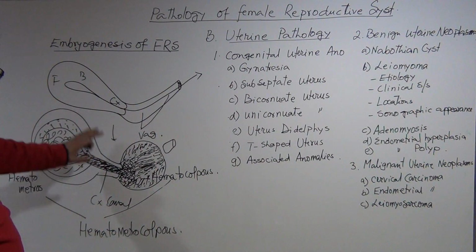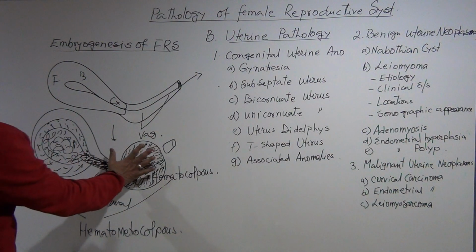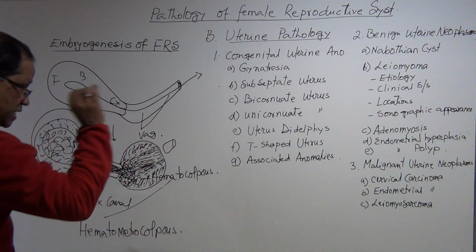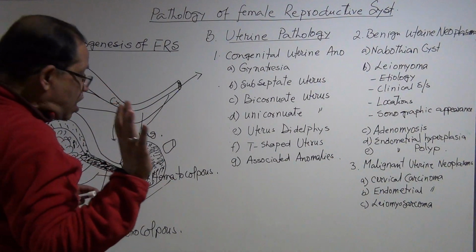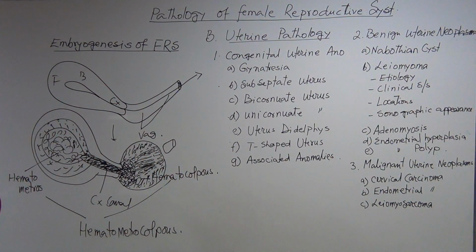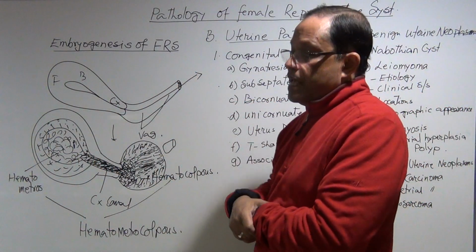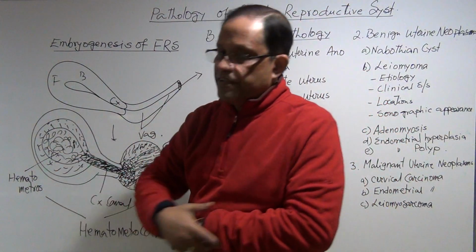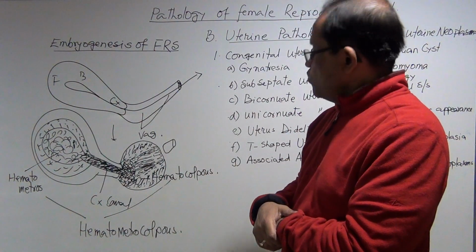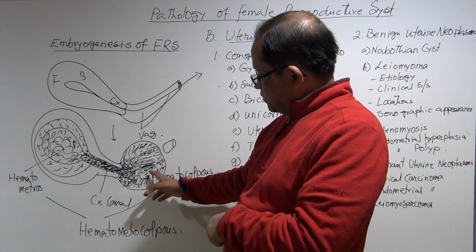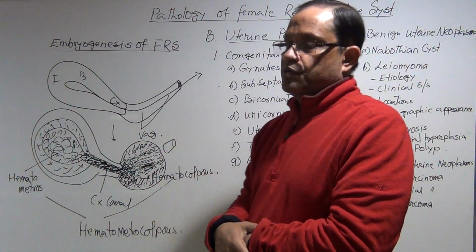And in the board exam, you will see this type of picture. And this collection is totally anechoic, but you can see internal echo because of the blood and blood clot, and in the uterus you will see anechoic. There might be some internal echo, but this is definitely a retention of the periodic blood within the upper part of the vagina and the cervical canal and inside the uterus.